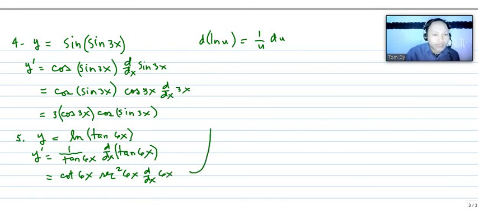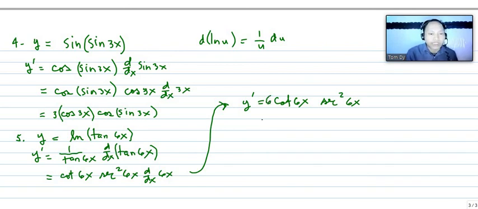So that our final answer here equals y prime equivalent to cotangent 6x and then secant squared 6x. Derivative of 6x equals 6. I will write here 6. Okay, I will transfer 6 instead of writing 6 on this part, so I will transfer it here. So 6 cotangent 6x.